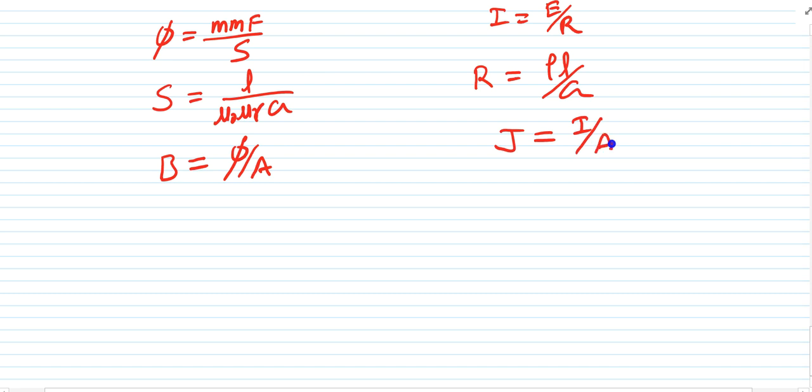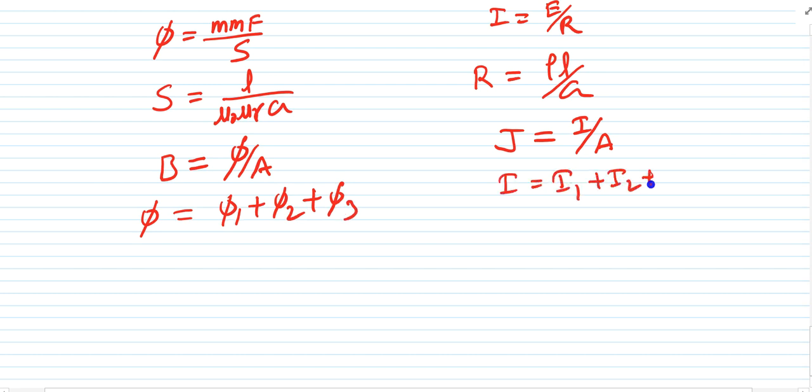Here we have flux phi 1, phi 2, phi 3, and similarly current I1 plus I2 plus I3. So KCL is also possible in terms of flux.